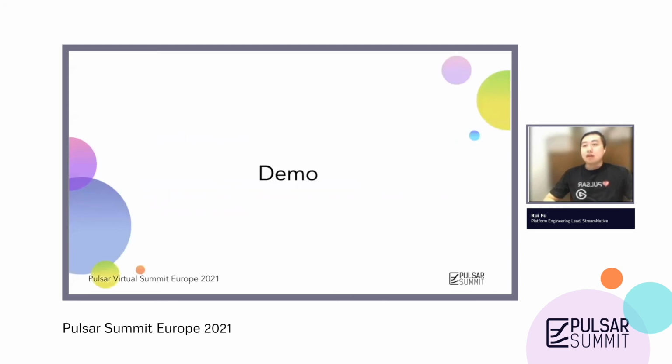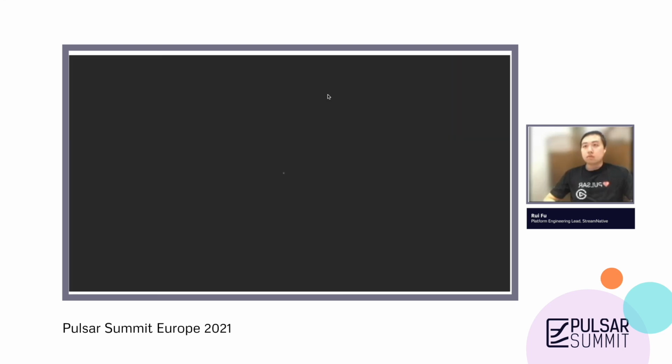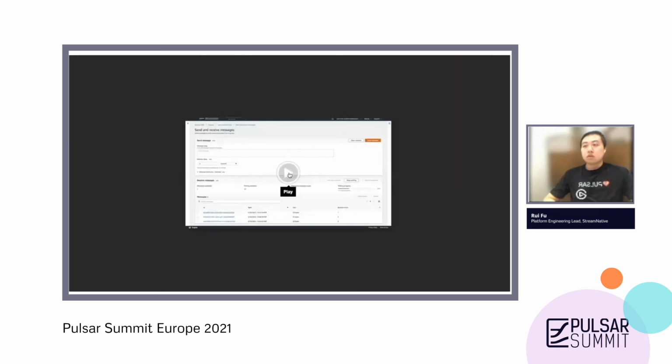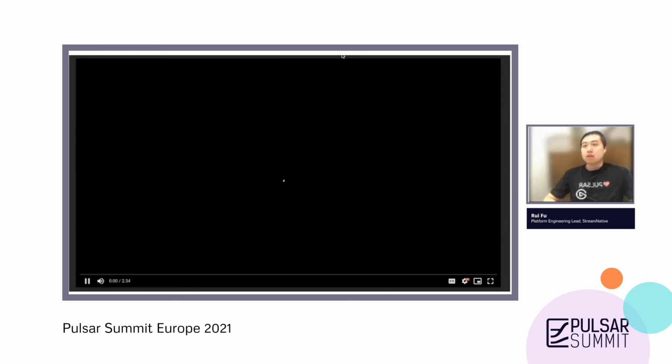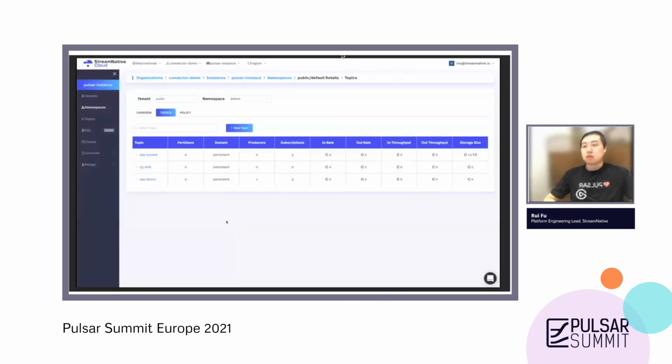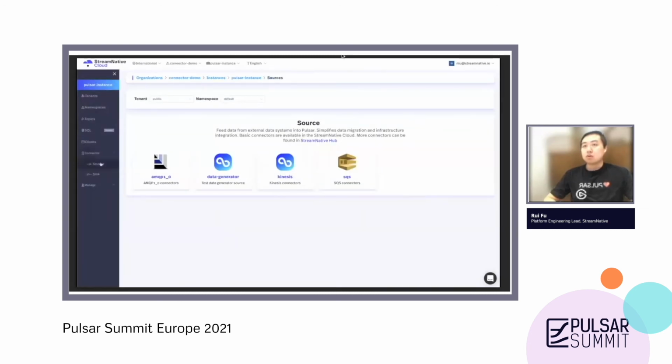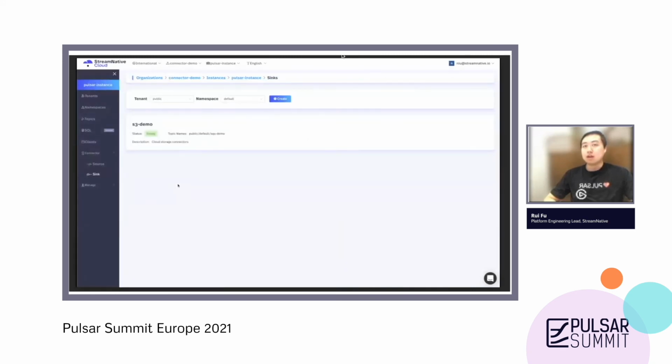And next, we will have a quick demo. For the demo, we actually have an implementation of Function Mesh in the production environment of StreamNative Cloud. This demo will simply create an AWS SQS sink and an AWS SQS source.